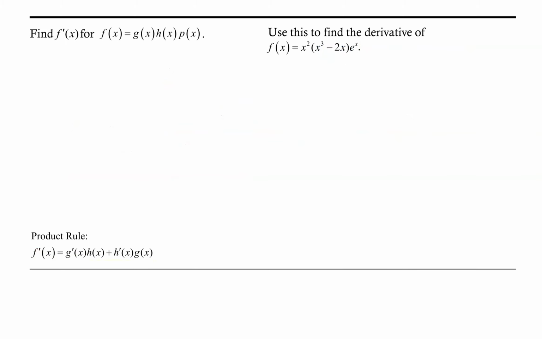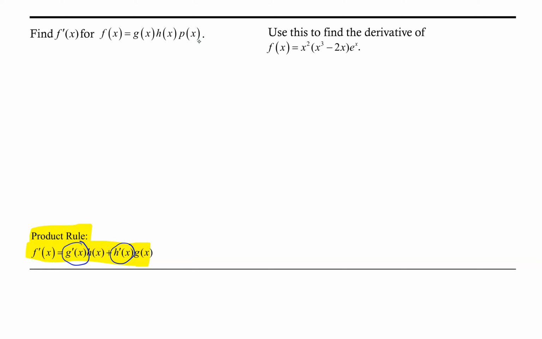In our next example, we want to extend our product rule to products that contain 3 factors. Now, as we look at this product rule as it's given to us, we'll note that in the product rule, we are multiplying by the derivative of the first factor times the second, plus the derivative of the second factor times the first.